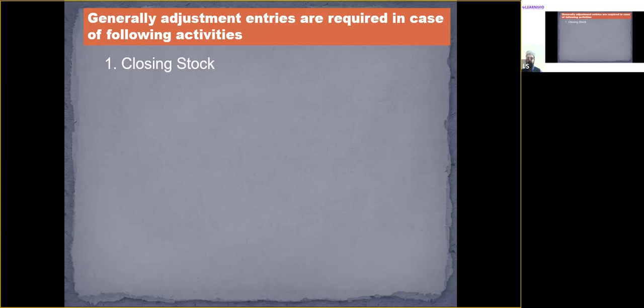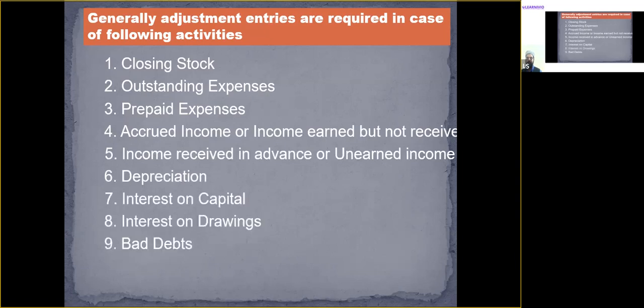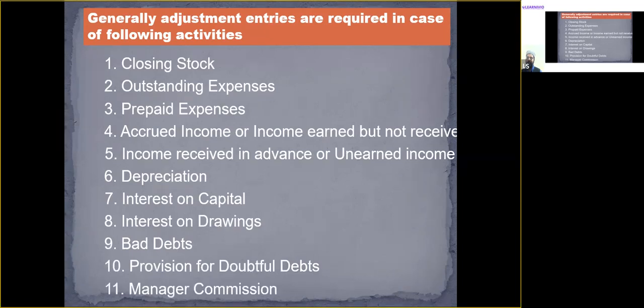Okay, so we already know how to deal with the closing stock, but other than closing stock, we have other items as well. We have outstanding expenses and prepaid expenses, accrued income, income received in advance, depreciation, interest on capital, interest on drawing, bad debts, provision for doubtful debts, manager commission, and other items could also be there. All right.